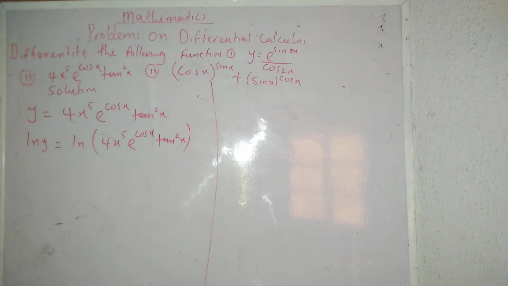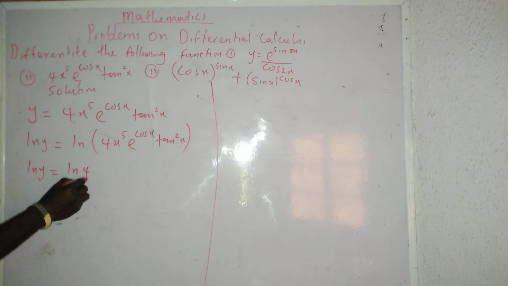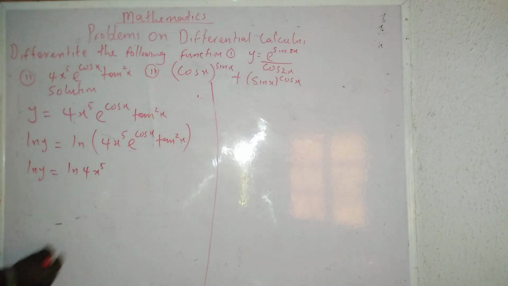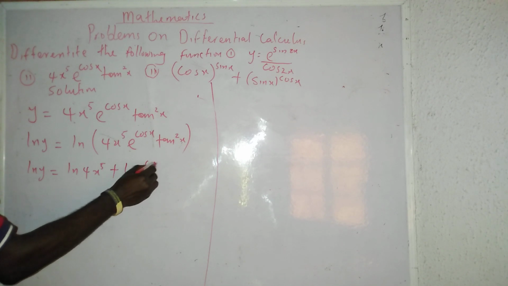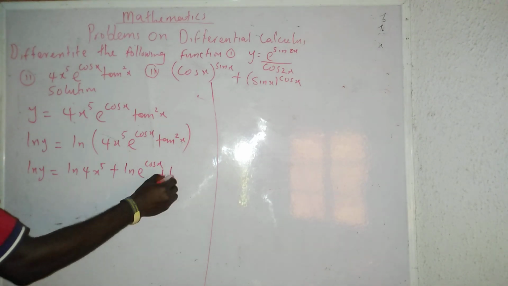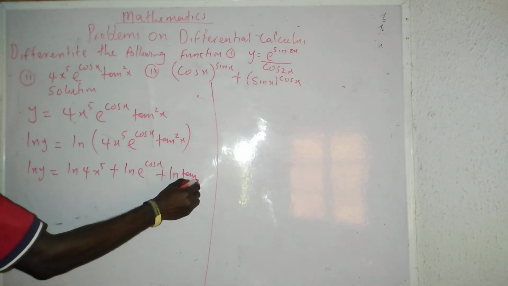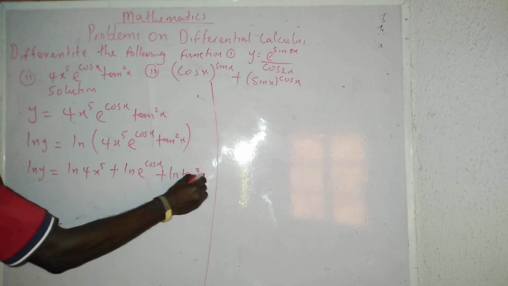Now, at this point, I can use the log law of my logarithm. I have ln y equals ln 4x^5 plus ln exponential cos x plus ln tan 2x.